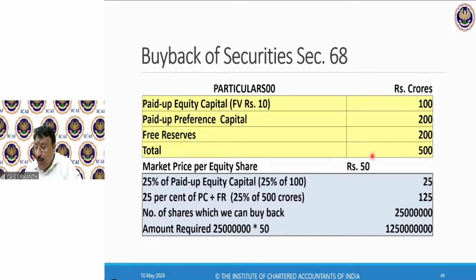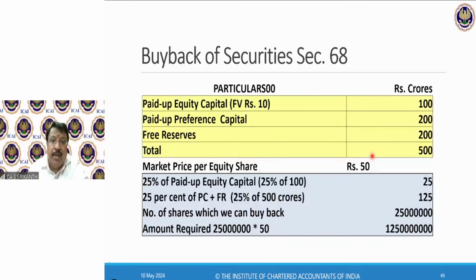Then what happens? Earlier I could buy back, I'm so sorry, 2 crore 50 lakh shares is what I can buy back. 2 crore 50 lakhs into 75, I need 187 crore 50 lakhs.